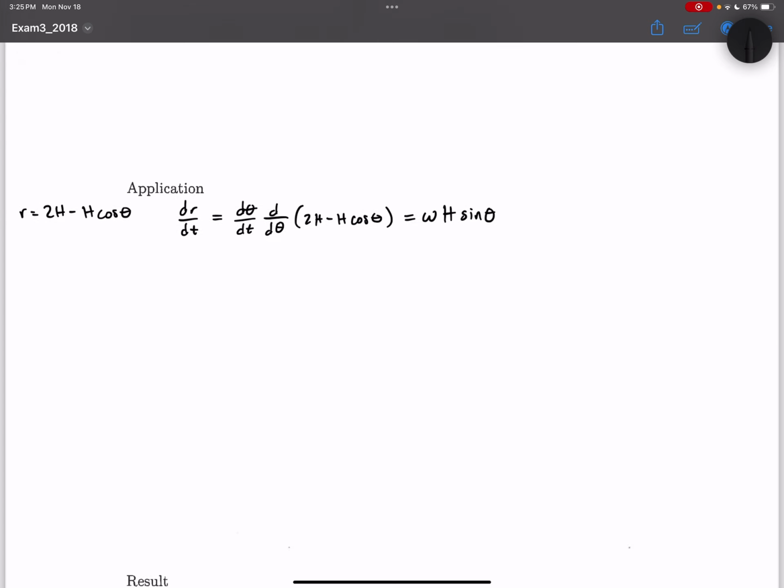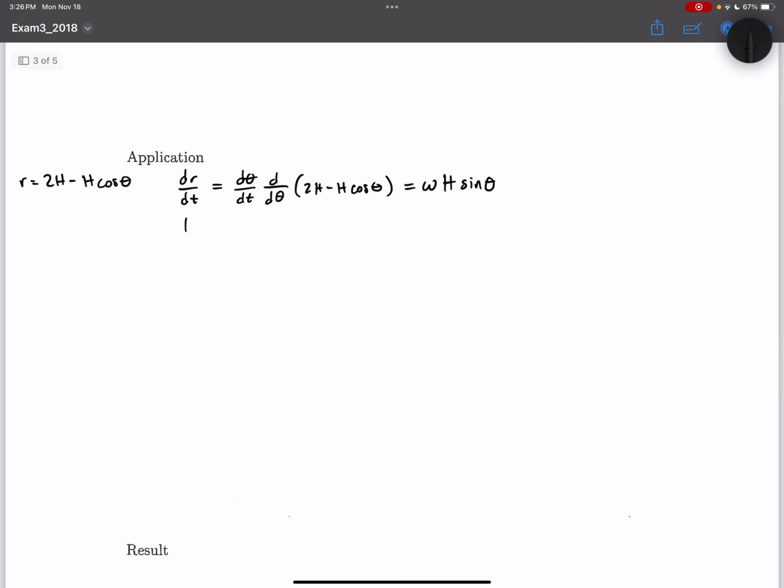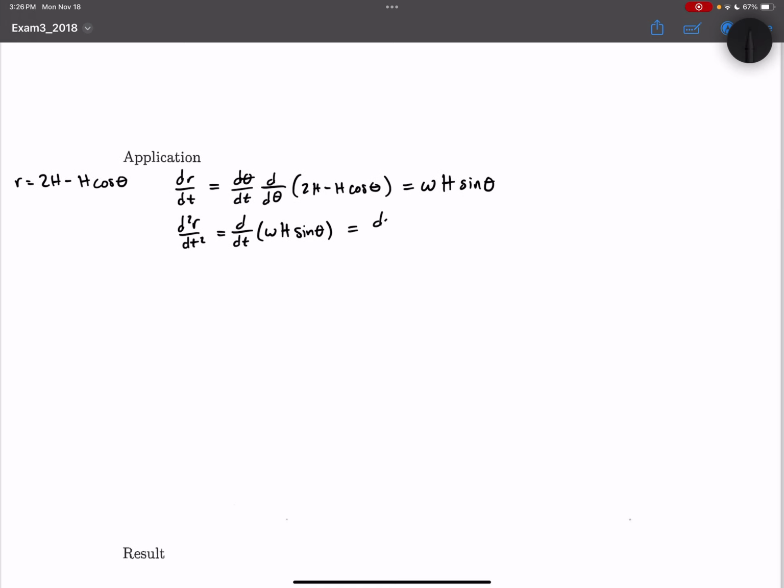Then we have the second derivative, d squared r dt squared, which is just dt of this, which we would use the product rule on. So that would give us d omega dt h sine theta plus omega h, and then kind of the same thing here, d theta dt d theta of sine.